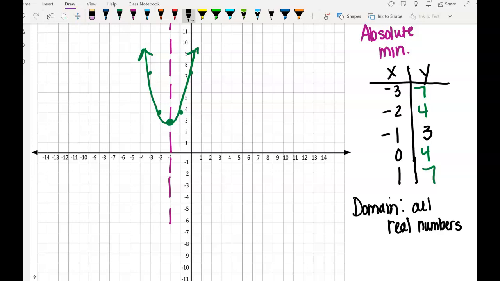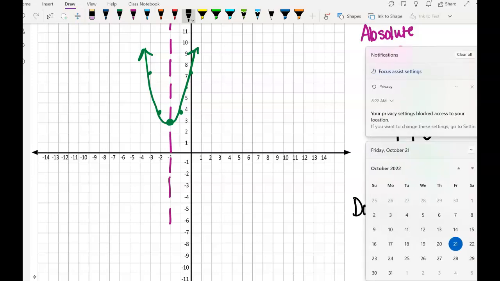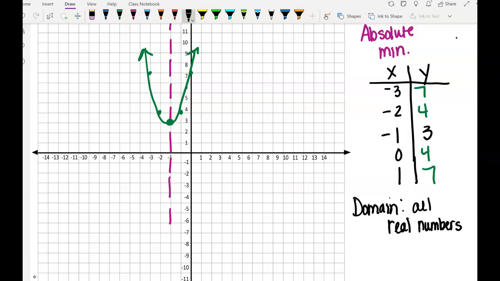I don't have any restrictions. You could write that in interval notation, and in interval notation, that would be negative infinity, comma, positive infinity. They mean the same thing.